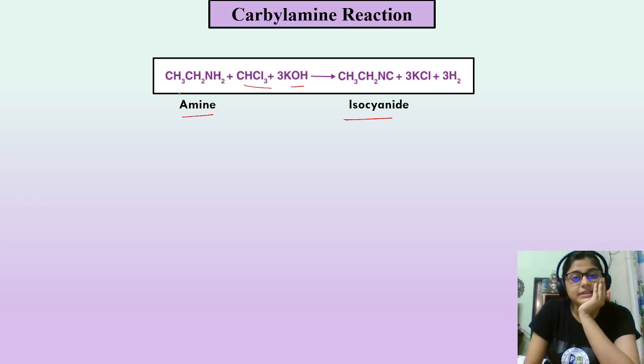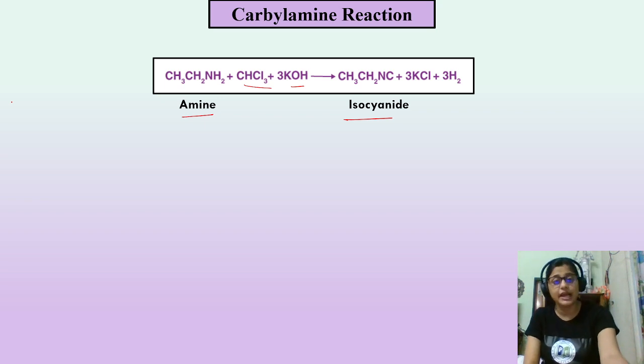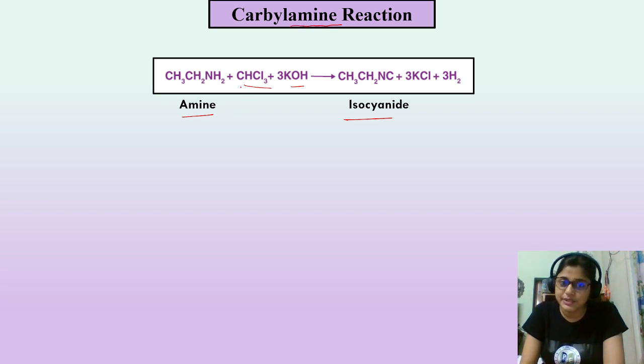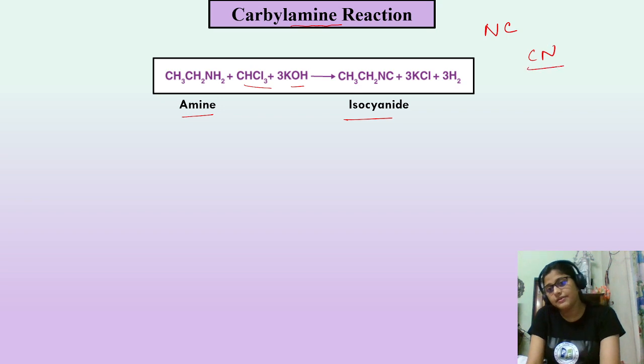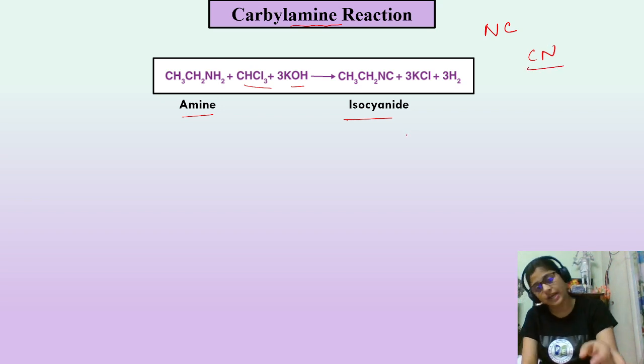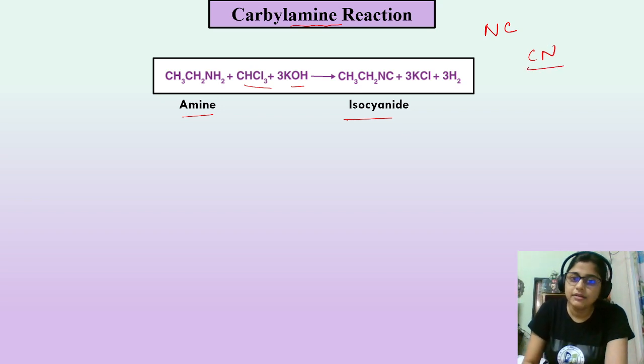When phenol and CHCl3 with KOH are present, the Reimer-Tiemann reaction happens, and the carbylamine reaction is totally different. In the name itself, you can see amine is present, right? So if we add CHCl3 and KOH to the amine, it will form the isocyanide. The isocyanide bond means an NC bond; CN is cyanide or cyanate, and this is isocyanide. The other products are KCl and H2O.